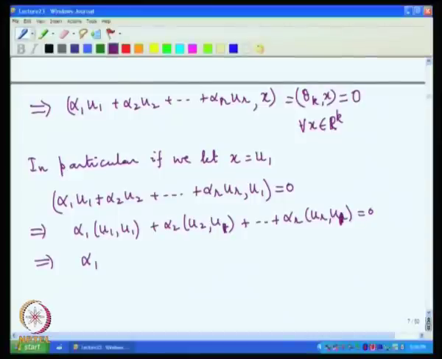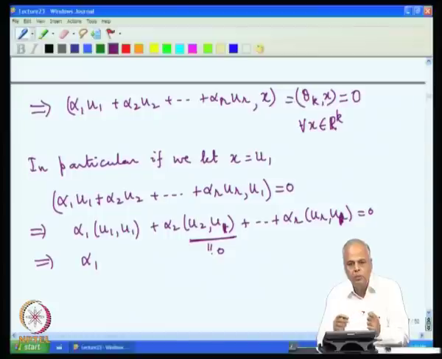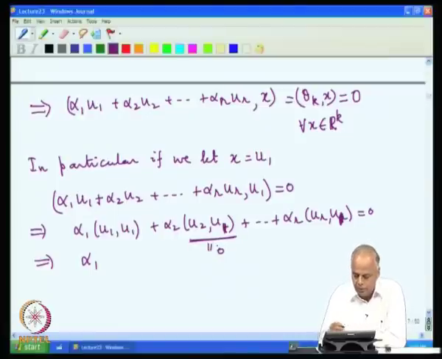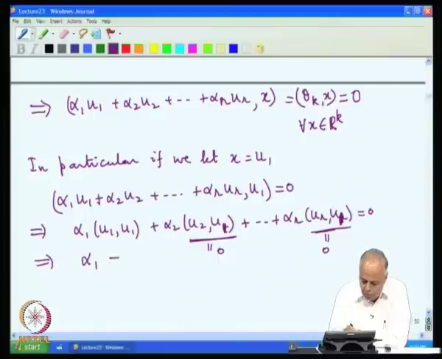So, the first term becomes alpha1. Now, the second term, <u2, u1>, is 0, because u2 and u1 are members of this orthonormal set and any two vectors in the orthonormal set are orthogonal to each other, and therefore their inner product is 0. Similarly, <u3, u1> is 0, <ur, u1> is 0, because all these vectors are in that set and any two vectors are orthogonal. So, we simply get alpha1 equal to 0.